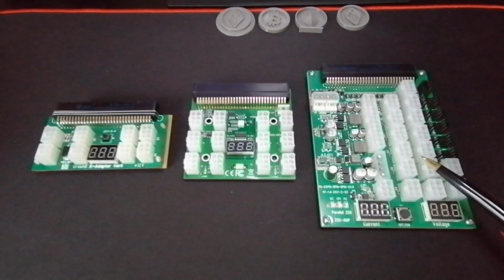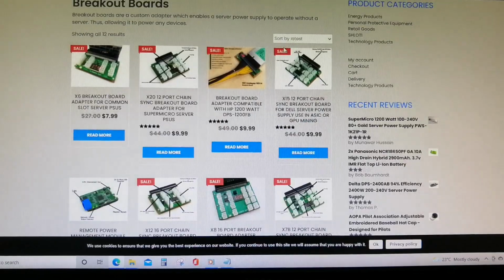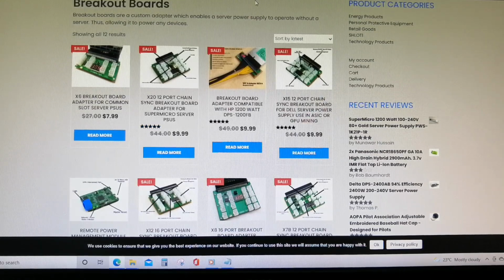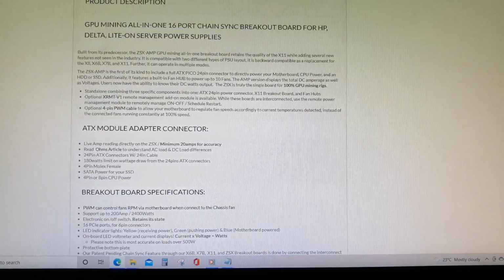One of the main big differences of these three breakout boards is the price. As you can see right here is $7.99, I believe that's US dollars, and then the other one is $9.99. And let me show you the ZSX.